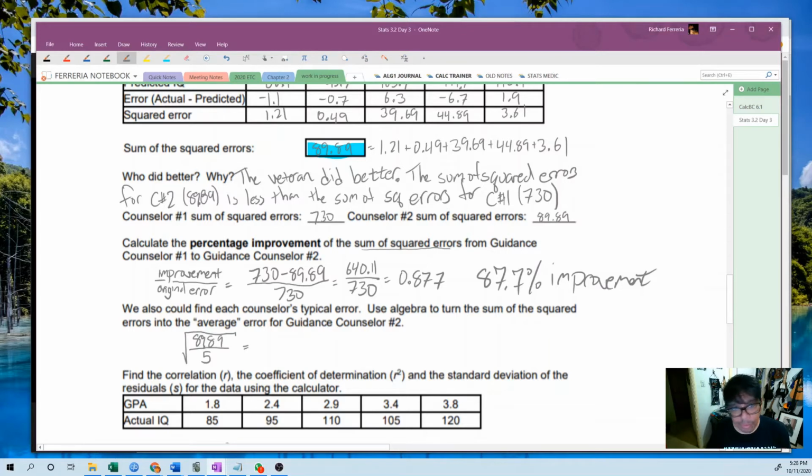And the number we get is 4.24. Okay. So this would be a typical distance between a prediction and the actual.